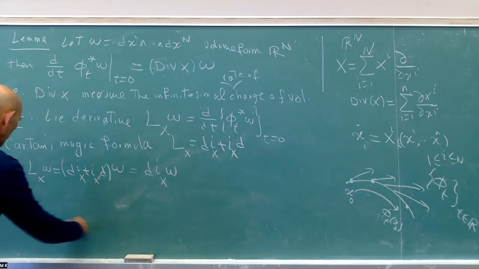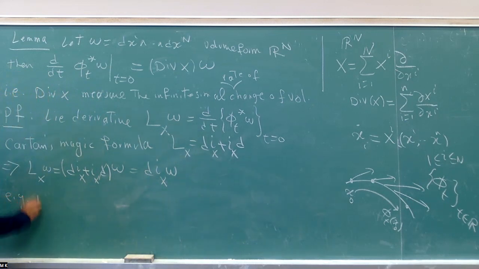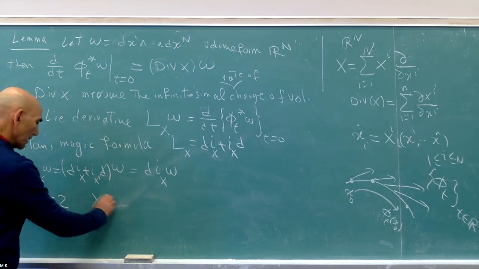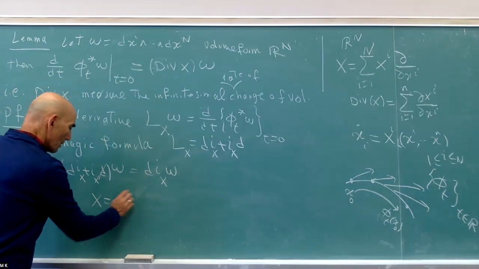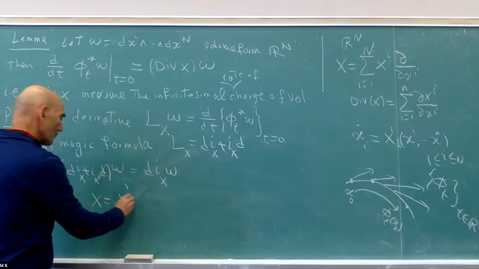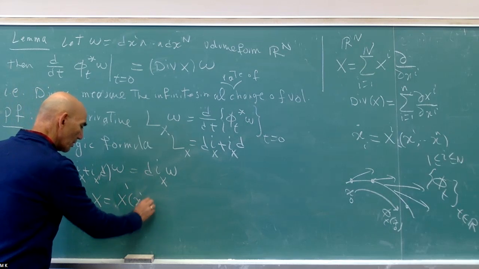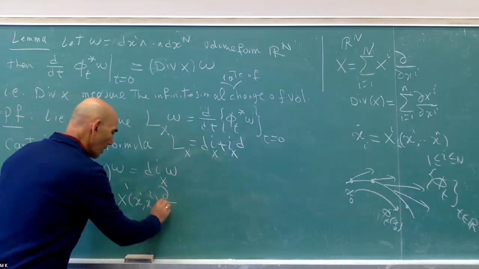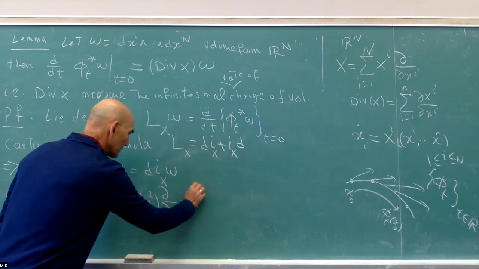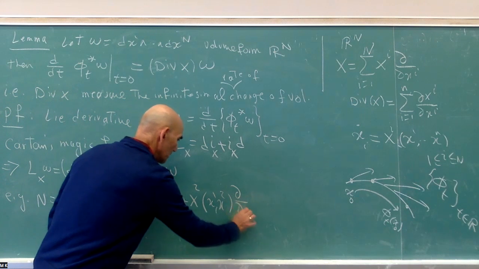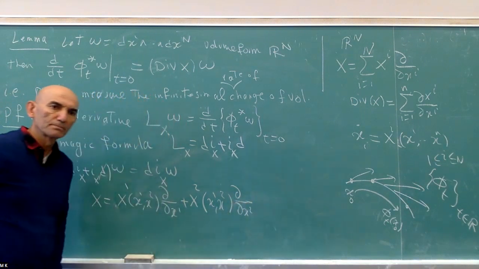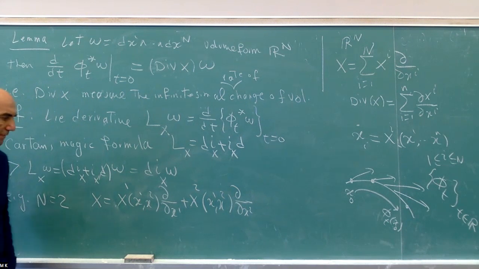Let me give an example. Imagine N is equal to 2. Let's look at a simple example. The vector field in this case is X equal to X1 of (x1, x2) d/dx1 plus X2 of (x1, x2) d/dx2. So we have that.